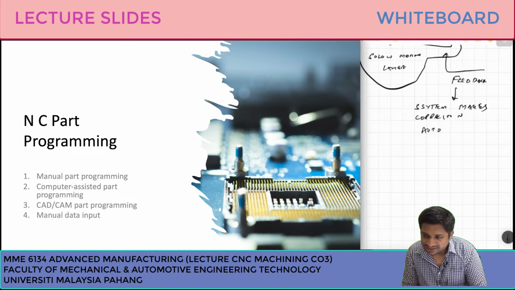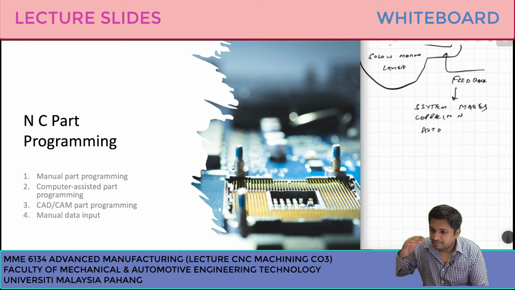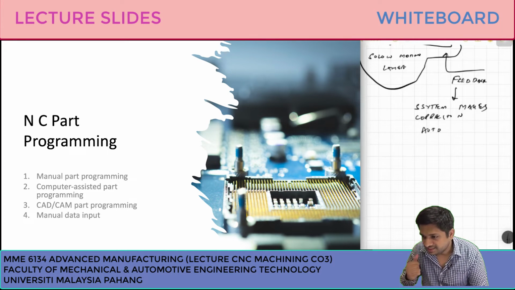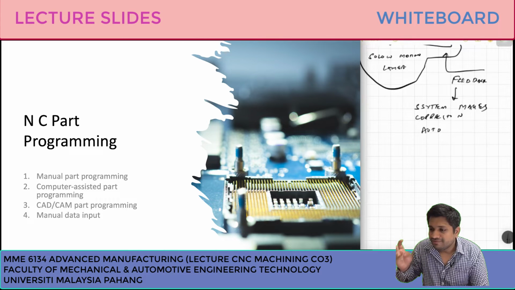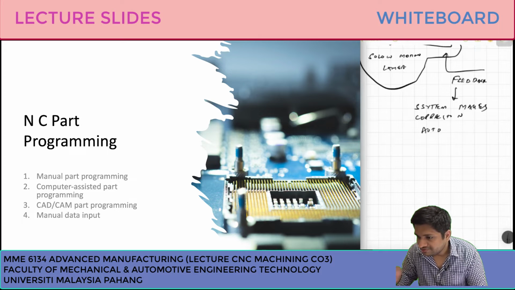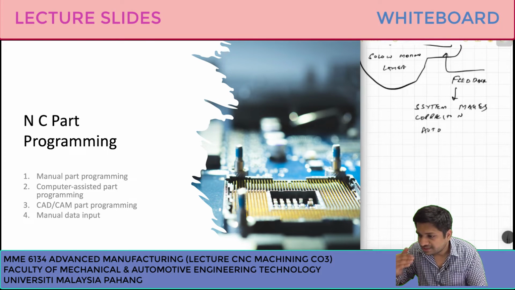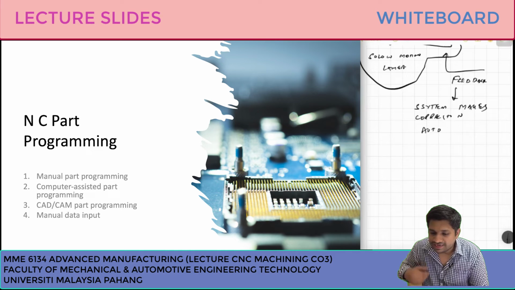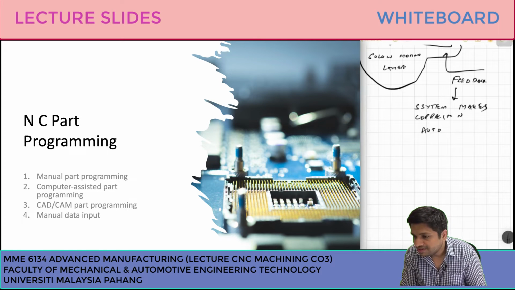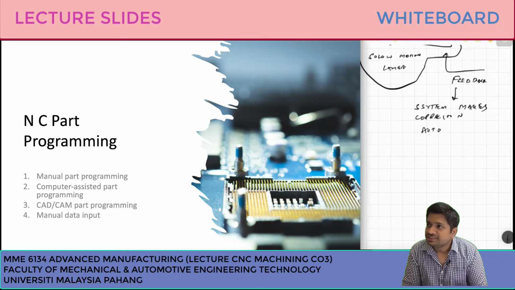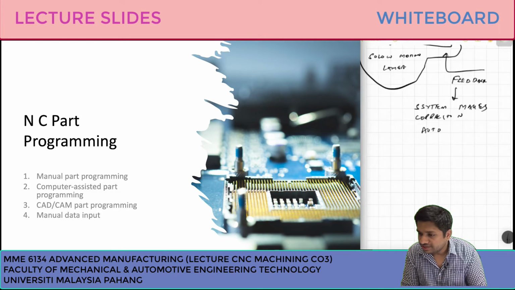An NC or a CNC machine can be fed with a manual program that you can write manually. It can have computer aided or computer assisted part programming, where you will not use the G and M code, but an easier instructional language so that the computer can understand it more easily. Then you have CAD CAM part programming. Nowadays the latest softwares such as Mastercam, SolidWorks, and in SolidWorks you have SolidCam.